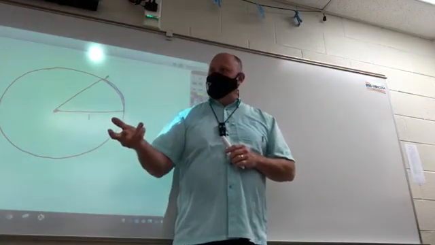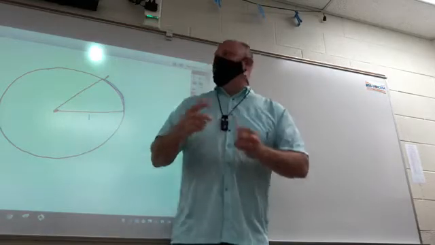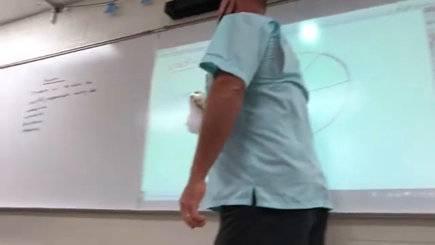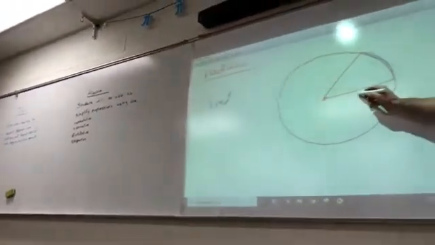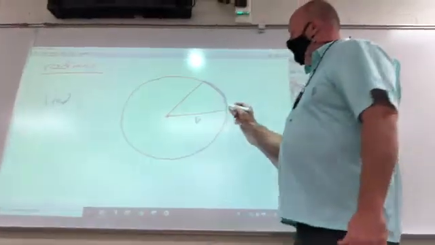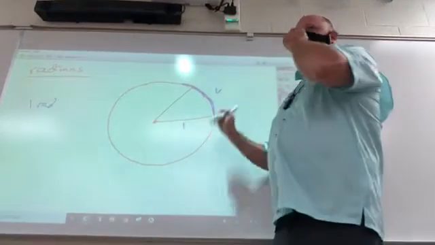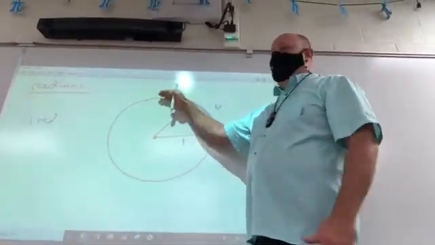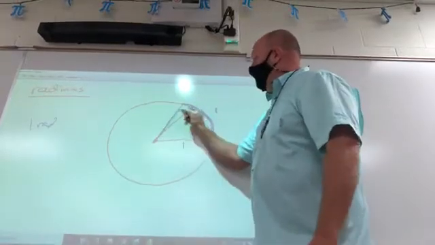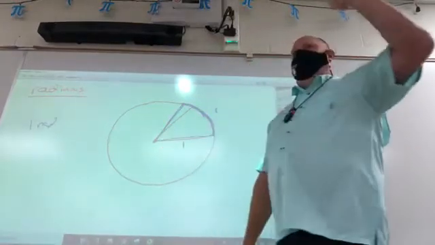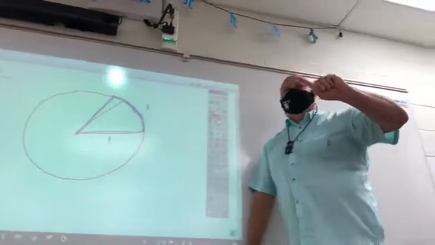Does that make sense? Now, 1 radian, if you take this radius and you go the same distance along the circle, the angle that that creates, that's going to be 1 radian.